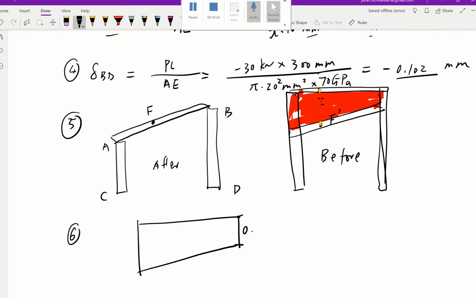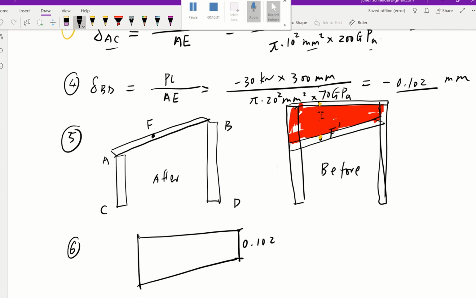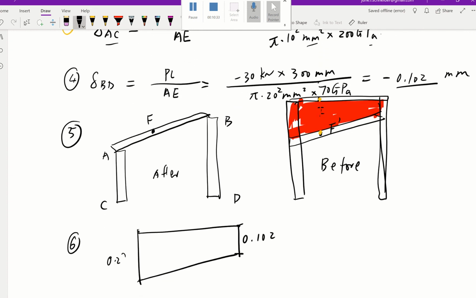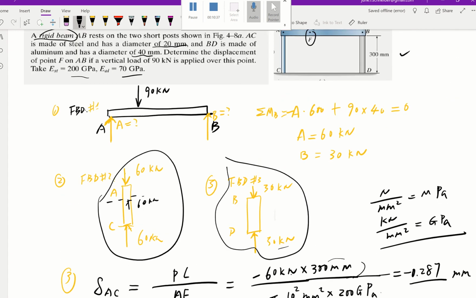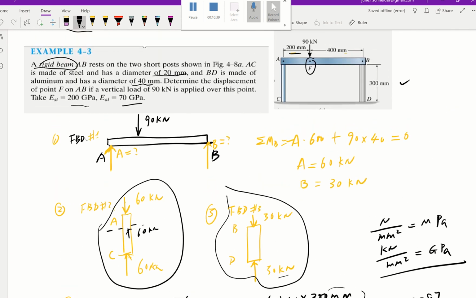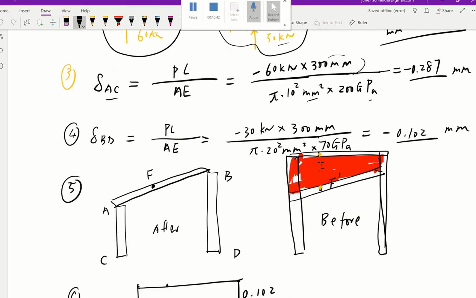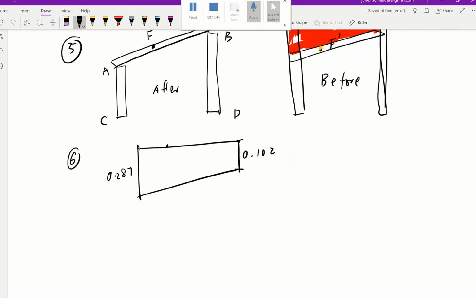We know it's 0.102. And this is how much contracted at AC post. We know it's 0.287. And F is here, and we know it's 200 and 400. So go back here. This is 200 millimeter and 400 millimeter. Looks like all those units are in millimeter, okay? And our goal is to find out that yellow line.